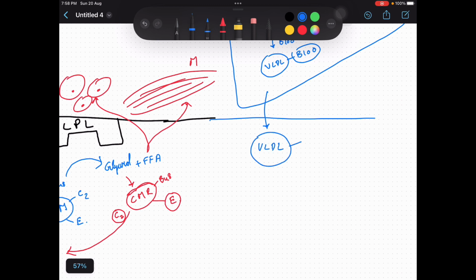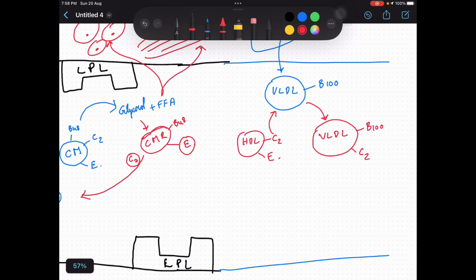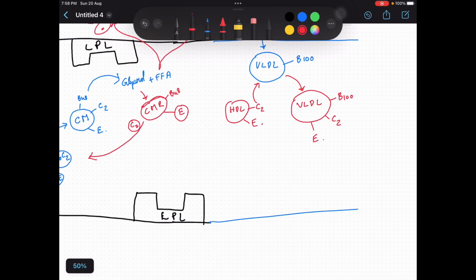Once VLDL reaches the blood circulation, it initially has ApoB100 only, and here comes our good cholesterol, HDL, containing ApoC2 and ApoE. HDL donates the ApoC2 and ApoE to the VLDL so that it can form proper VLDL with B100, C2 and ApoE.